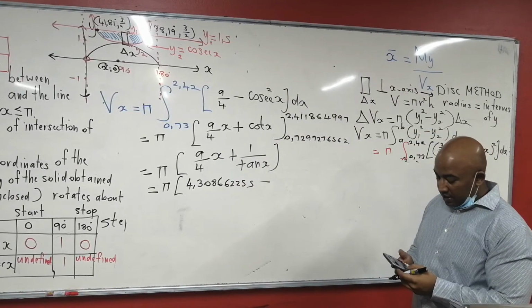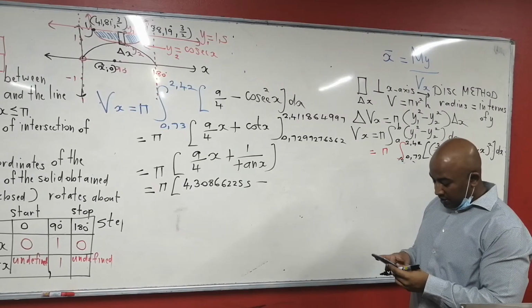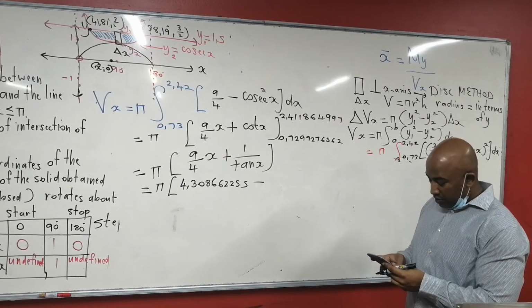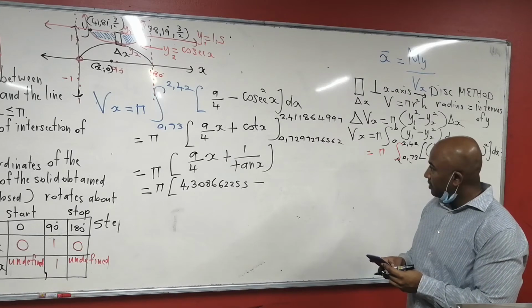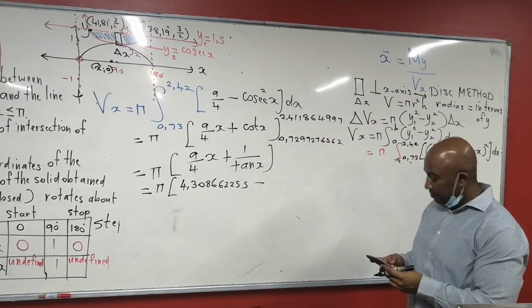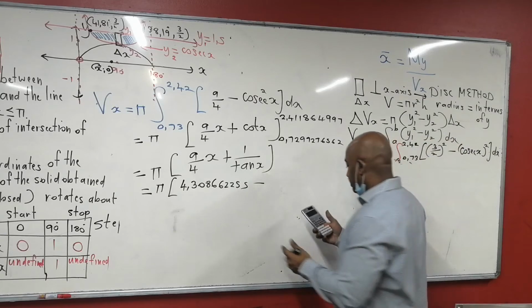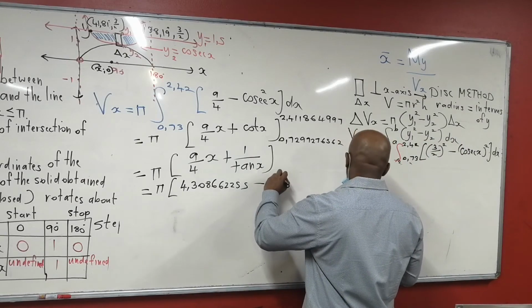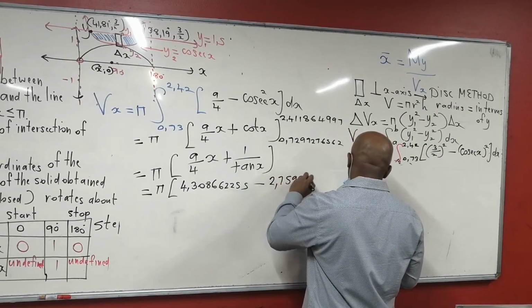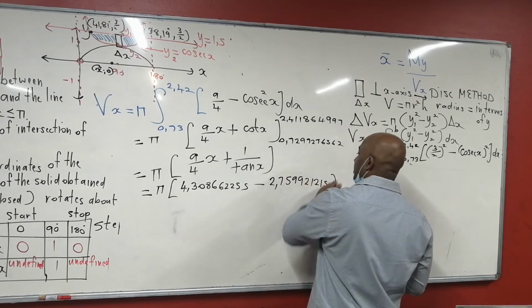Put down a minus sign, substitute the lower limit, which is 0.72972766562. I'm getting 2.759921215.